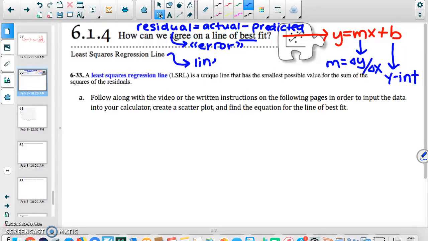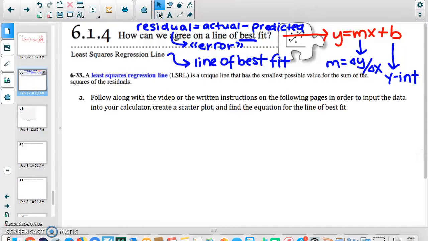So this funky looking vocab word at the top of your paper is just another way to refer to the line of best fit. So let's break down each word. Least, that's coming from the idea of minimizing our residuals.